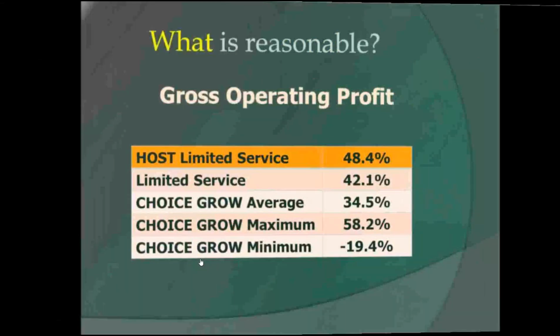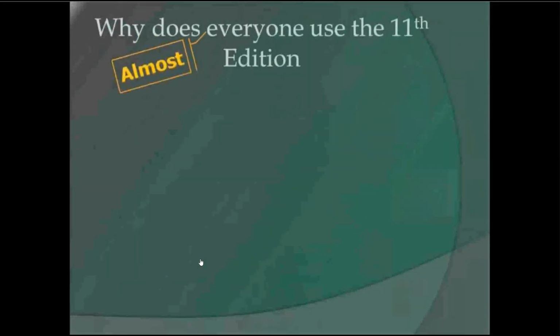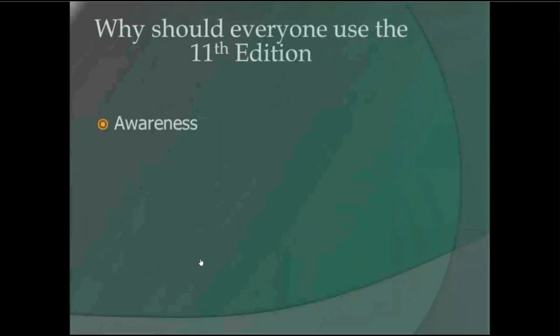Every major hotel company that does business follows this chart of accounts. So why does almost everyone use the 11th edition? Well, one, it's awareness. The format that I'm going to show you is designed to help managers be better aware of where they're spending and what they're spending and where they're starting to have issues that they may need to address. Secondly, it's measurability.